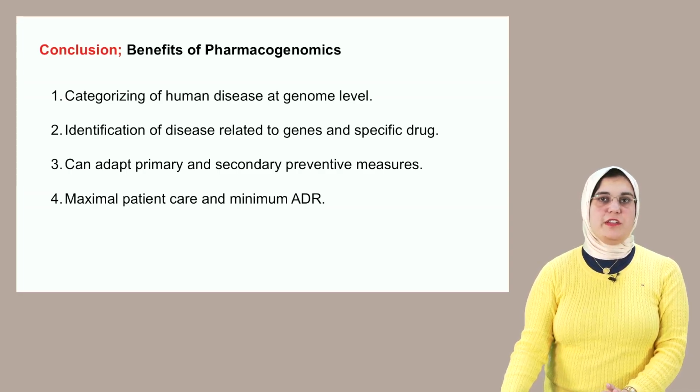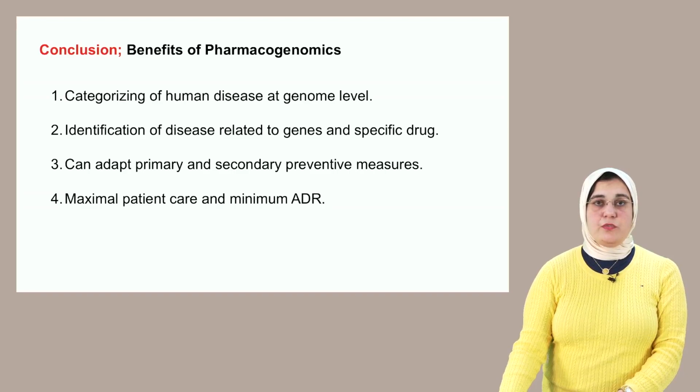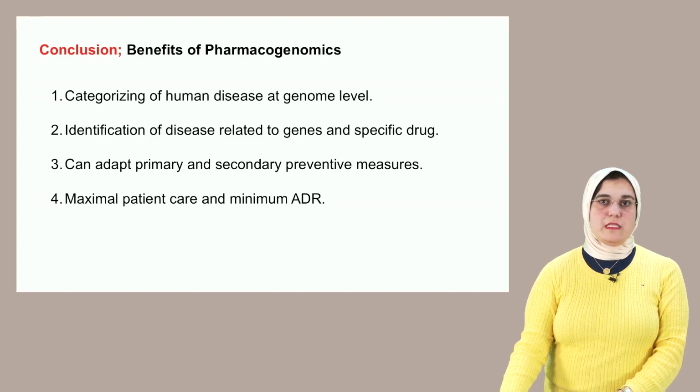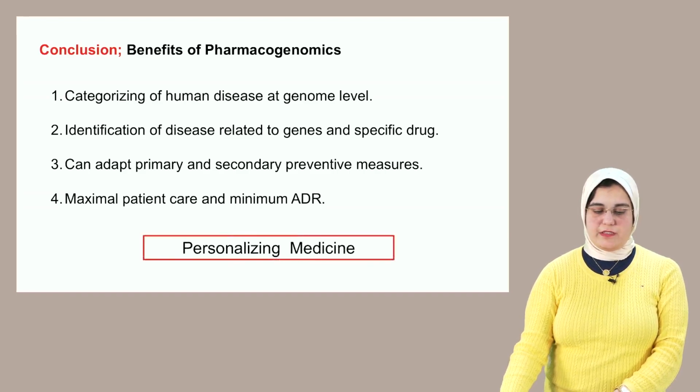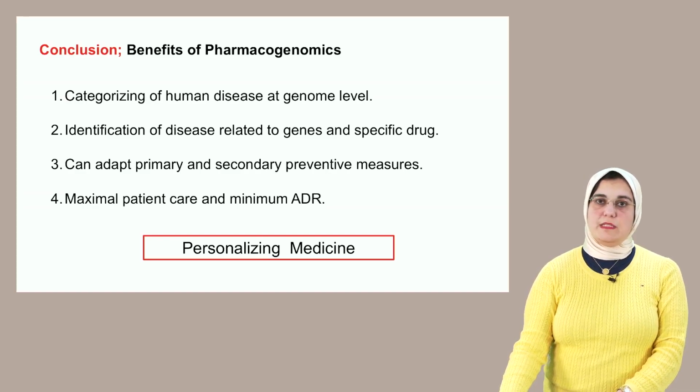Of course, the dream for all pharmacists and pharmacologists is to never see an adverse drug reaction from the drug, or to develop a 100% safe drug. So if we know and study a lot about the SNPs, if this drug has a genetic effect, we can totally decrease the adverse effects. So again, our target is to personalize the drug or medicine.